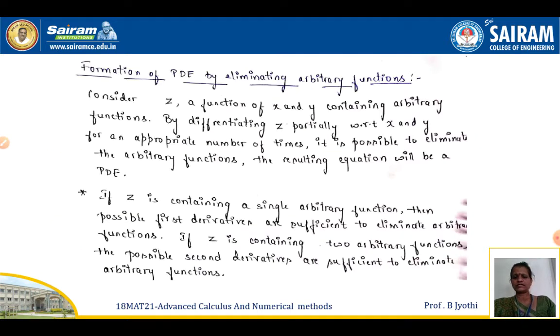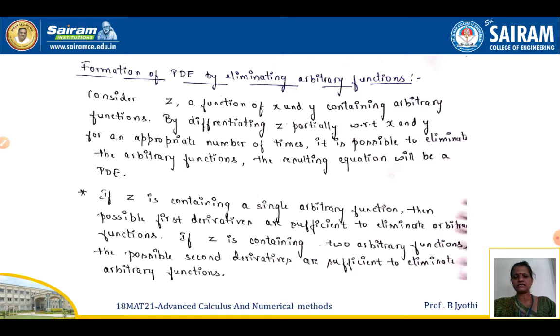So consider z a function of x and y containing arbitrary functions. By differentiating z partially with respect to x and y an appropriate number of times, it is possible to eliminate the arbitrary functions. The resulting equation will be a partial differential equation.